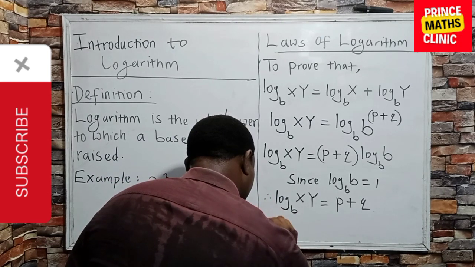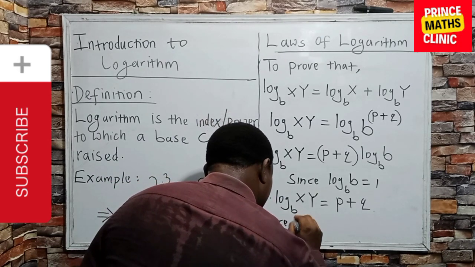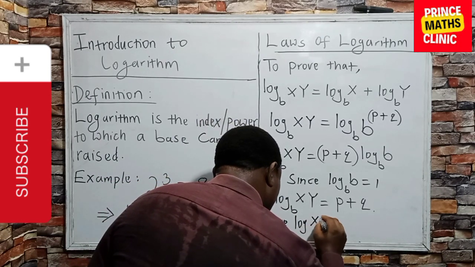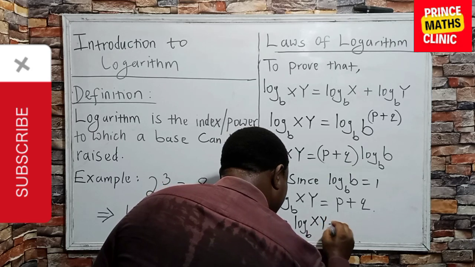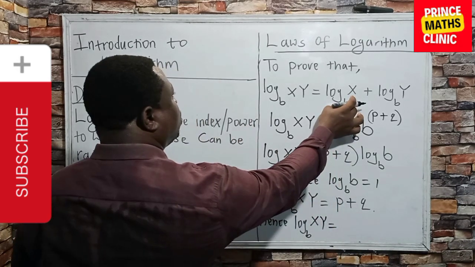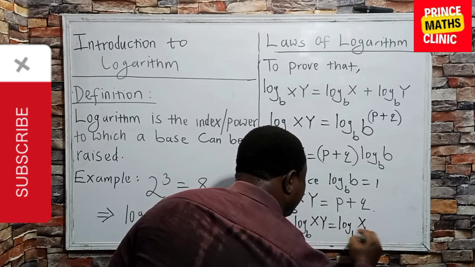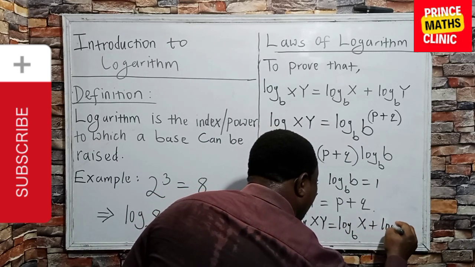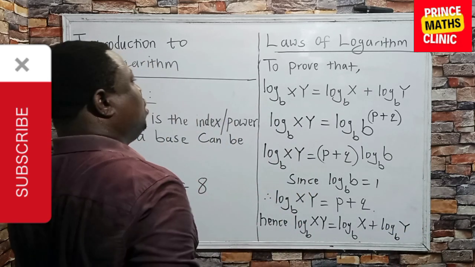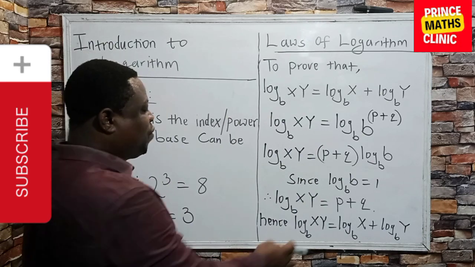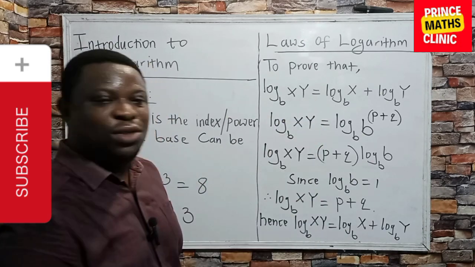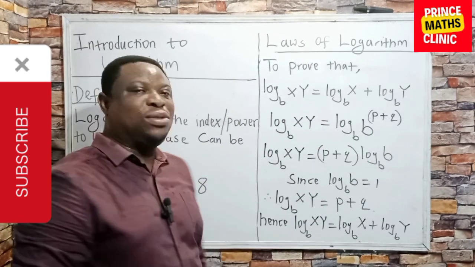Hence, log xy base b is equal to log x base b plus log y base b. So we have simply proved the law using this method.